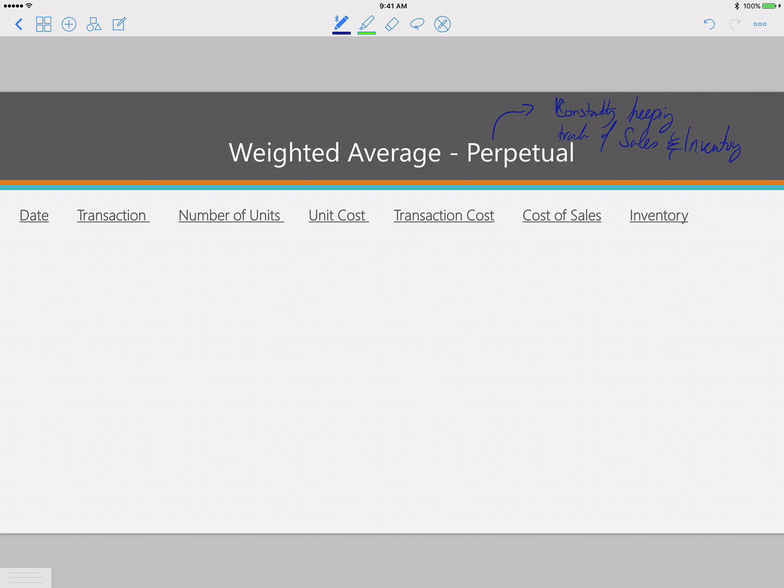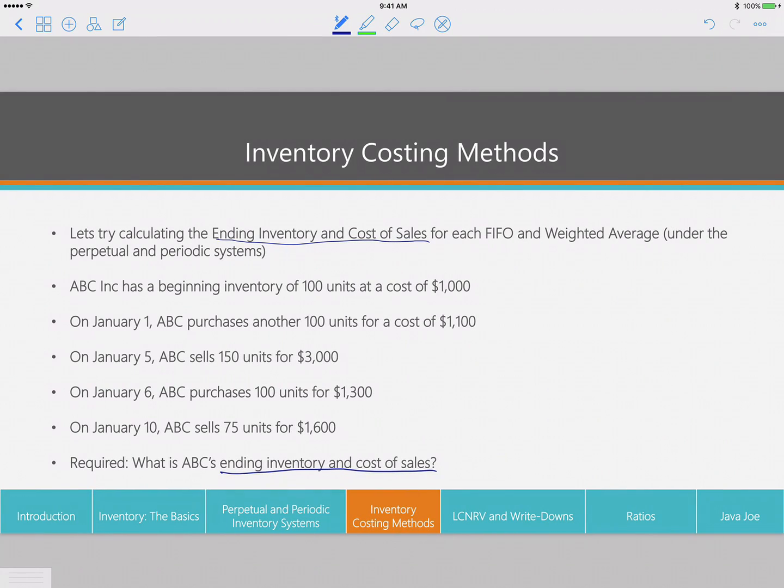And another term for this is moving average, because since we're keeping track of each sale, we're going to update the average cost right before each sale and with each purchase. So let's take a look back at our problem.